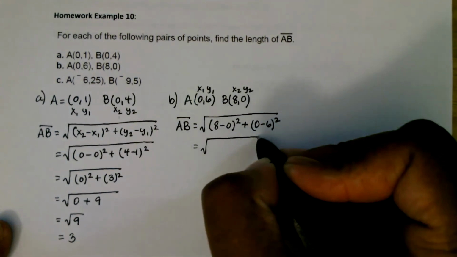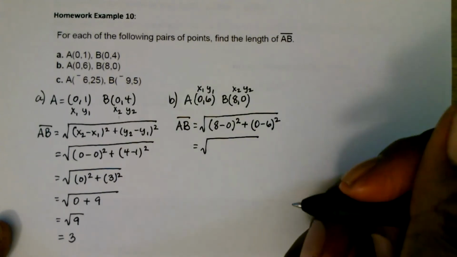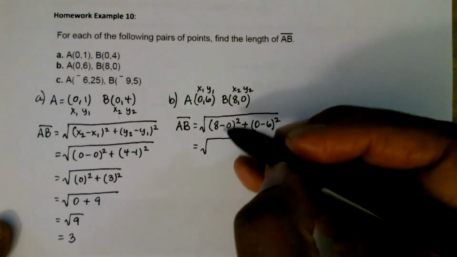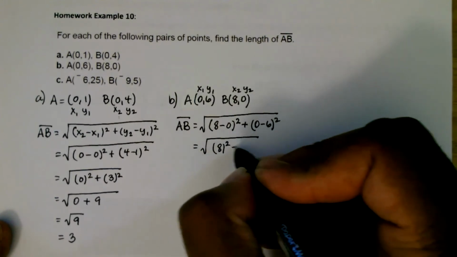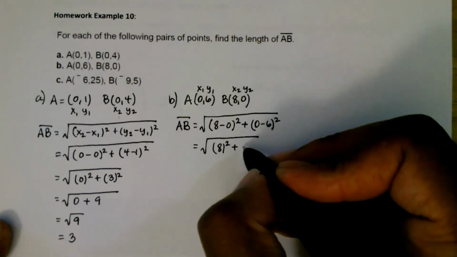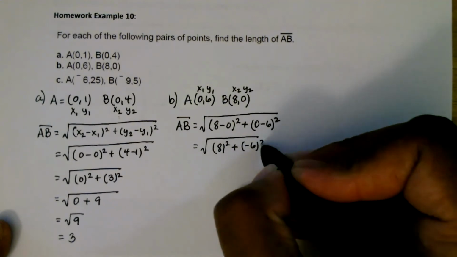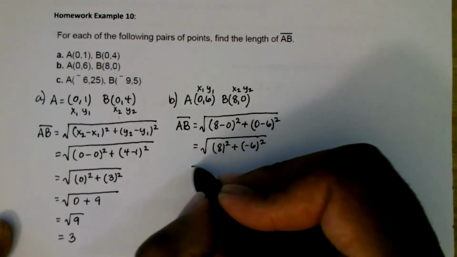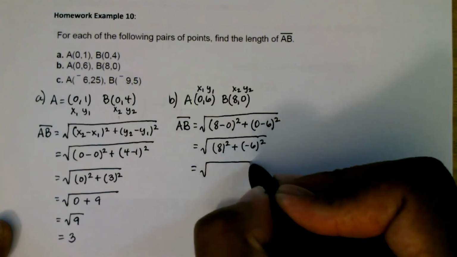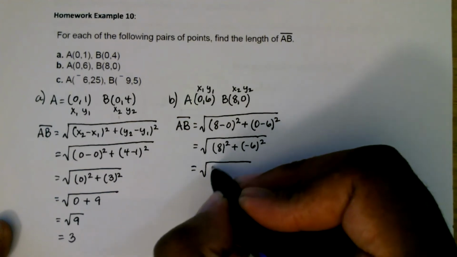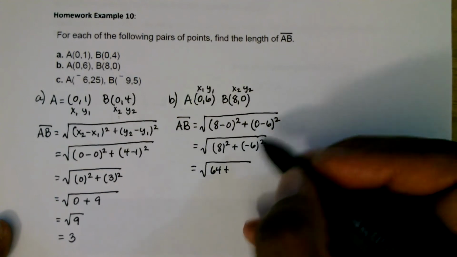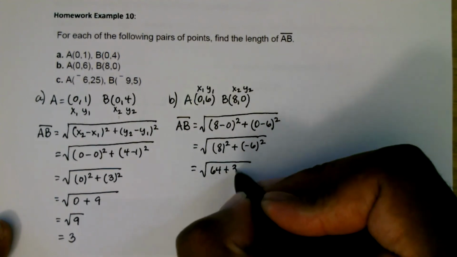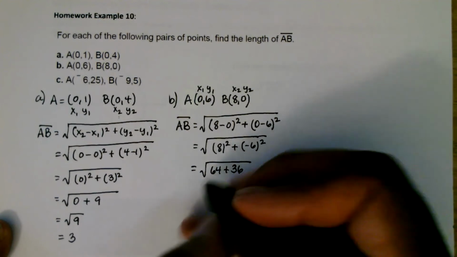Simplify, and notice I'm bringing down the radical, or that square root symbol. 8 minus 0 is 8, and that's squared, plus 0 minus 6 would be negative 6, and that's squared. 8 squared, or 8 times 8, is 64, plus negative 6 squared, that's negative 6 times negative 6, that's 36.